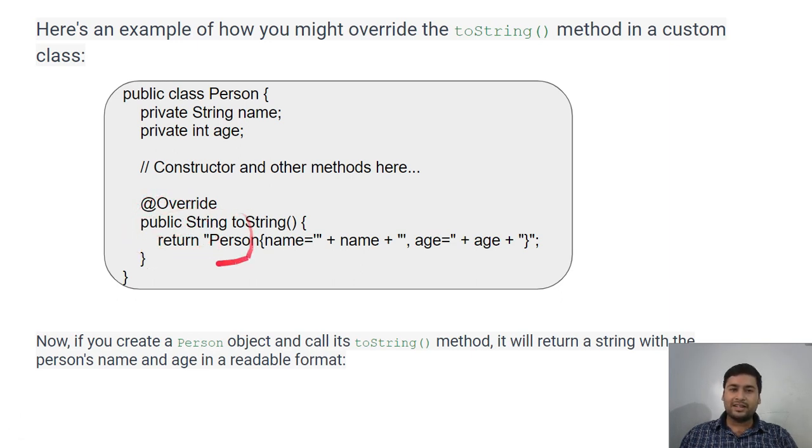If you don't override it, the name and age will not be printed; you get only the class name and hash code. Now if you create a Person object and call its toString method, it will return a string with the person's name and age in a readable format.